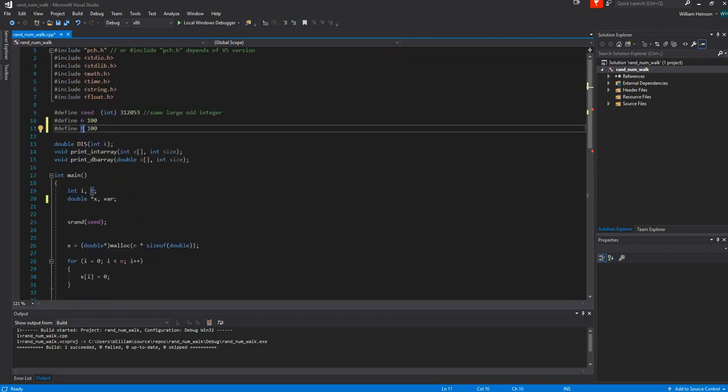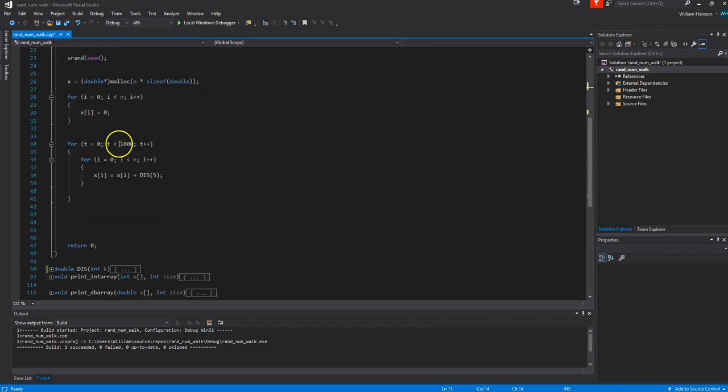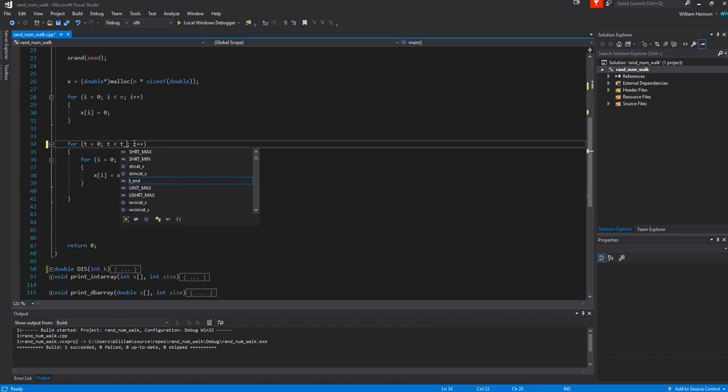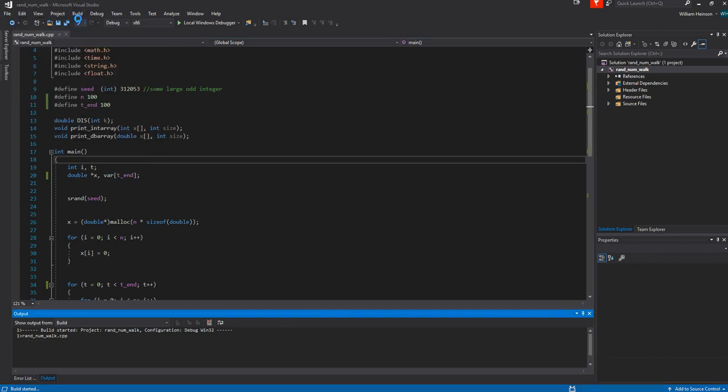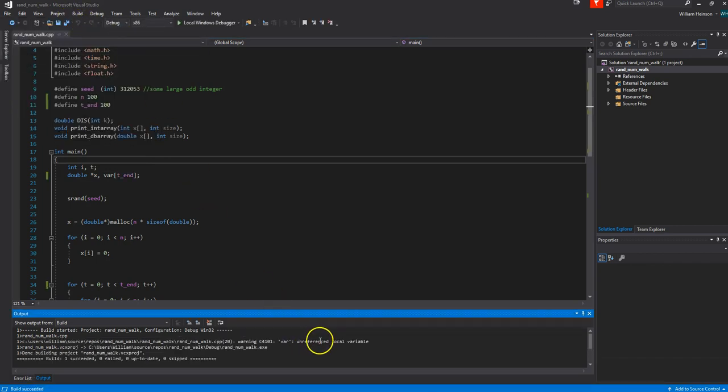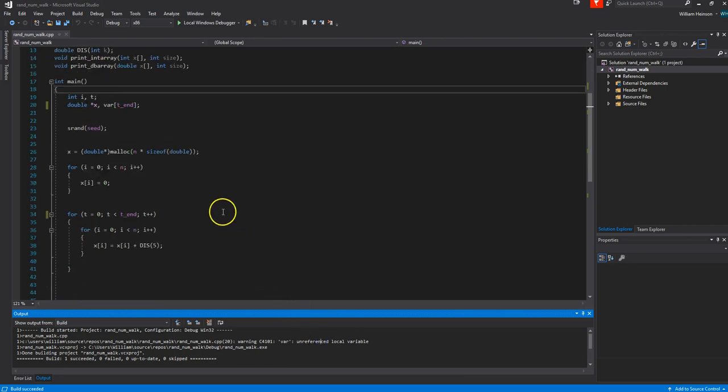That's actually a variable, so I'll call it time end, 100 time steps. This should go to t end, and I'm going to make a variance array that goes to t end. Build. I haven't done anything with that, that's fine.